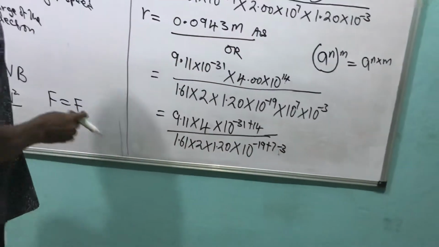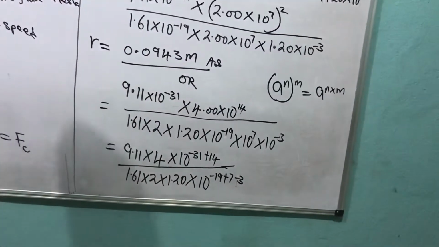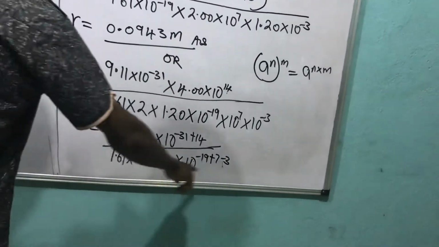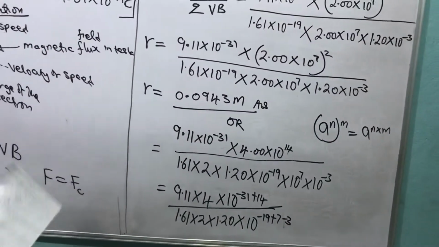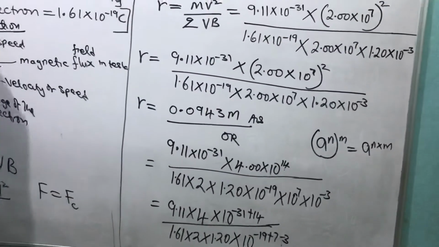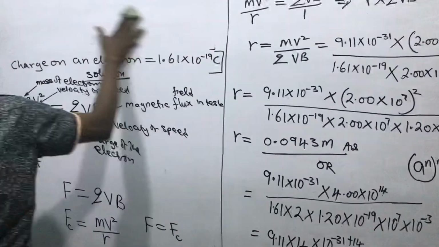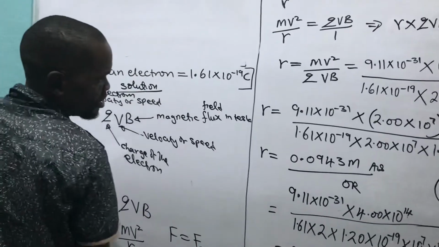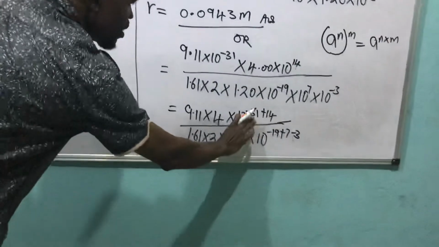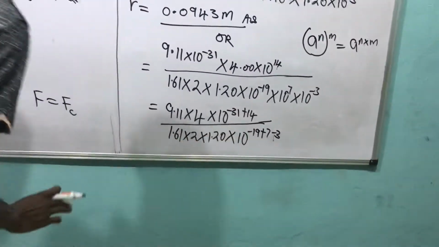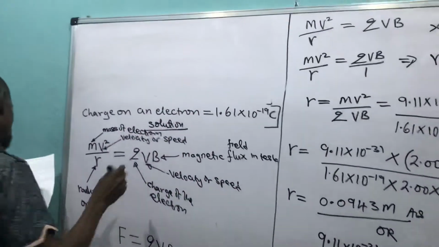When you add this up, you see that this will be reduced. And when you multiply it, it will still give you this value. So let's complete it here, so that you can see that as a full complete value. And when I do that, this plus this will give me 17.